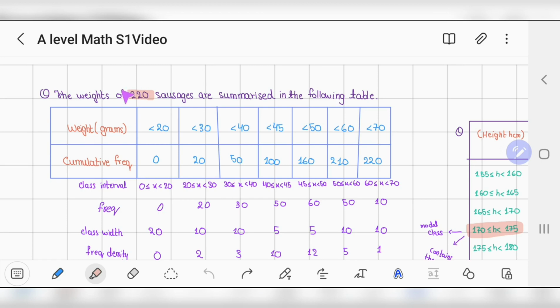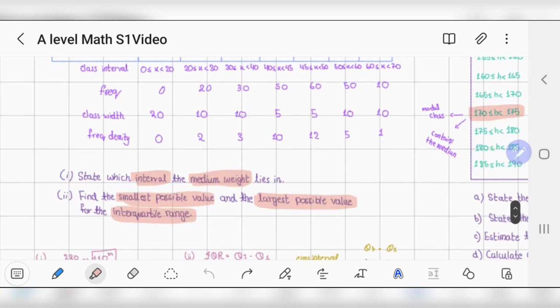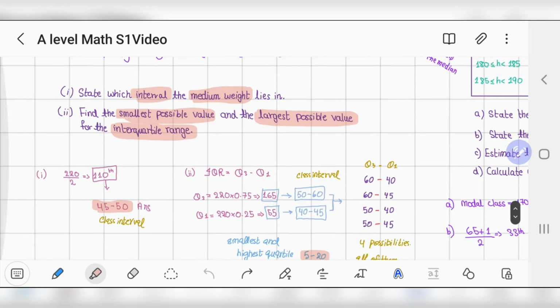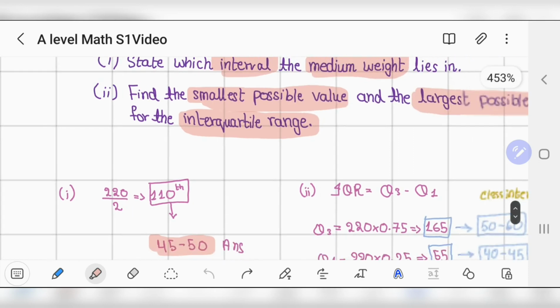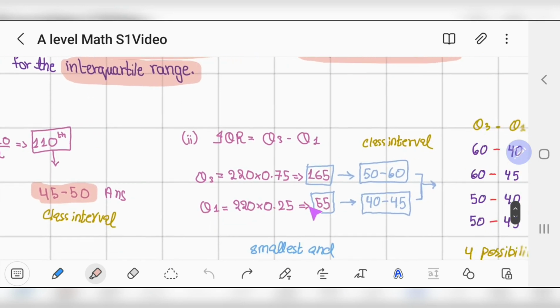If I wanted the median, Q2, I could multiply by 0.50. It would give the same answer, 110. So for Q1 we multiply by 0.25, you get 55. Then 0.75, you get 165.